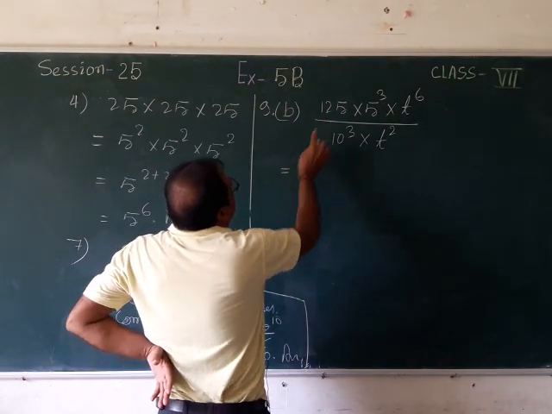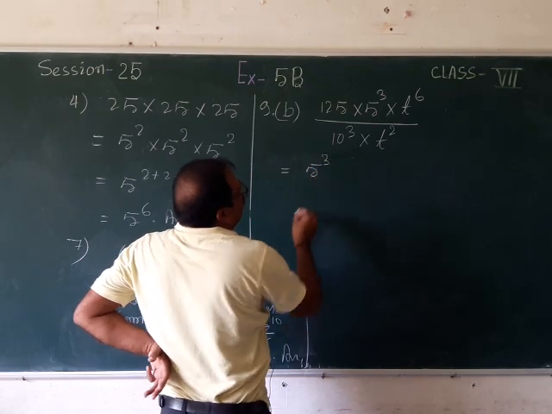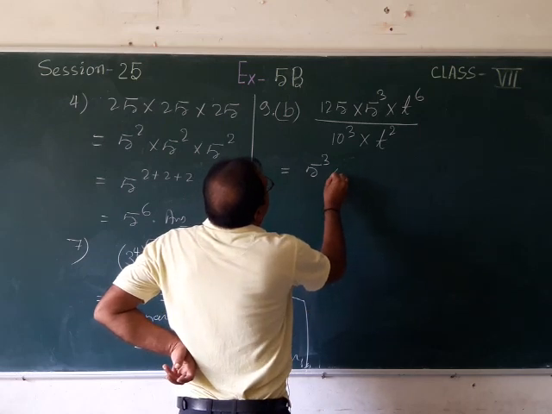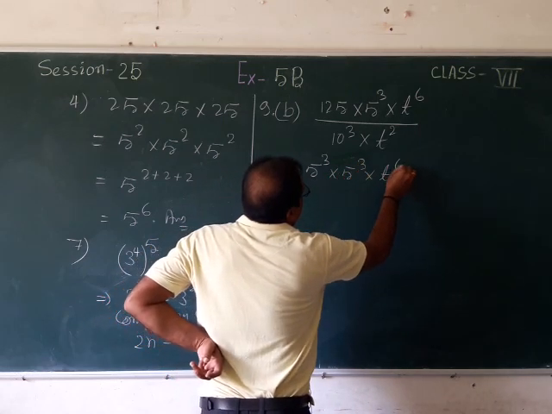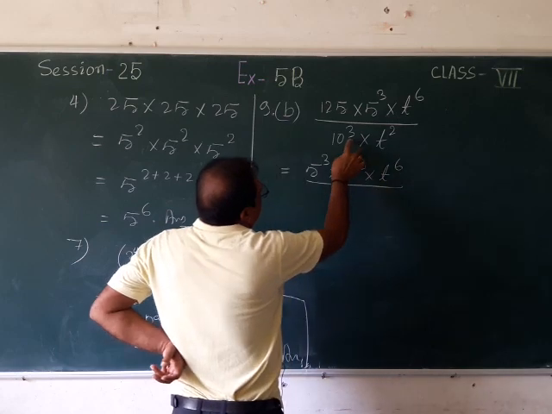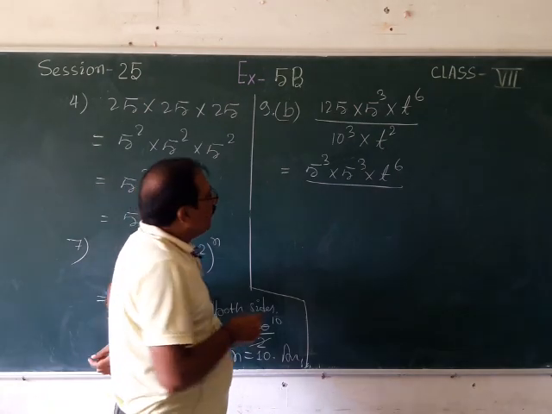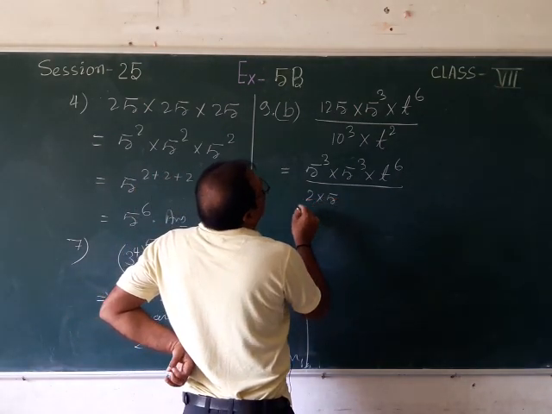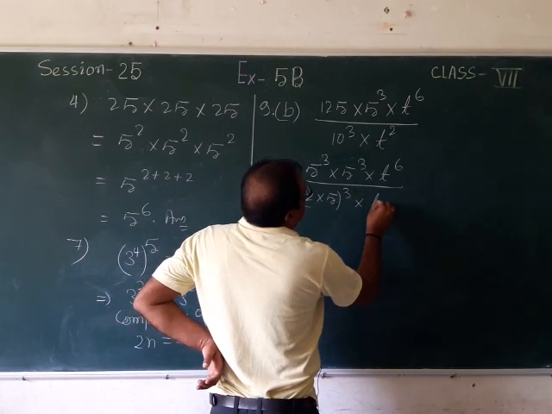First of all, here 125 is there. 125 means 5 to the power 3. So 5 into 5 into 5 is going to give you 125, multiplied by 5 to the power 3, then t to the power 6 upon 10 to the power 3. 10 to the power 3 means you understand that 10 means 2 into 5, and here to the power 3, and here t square.